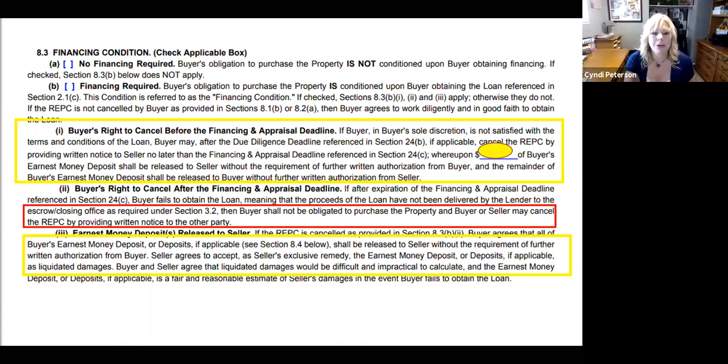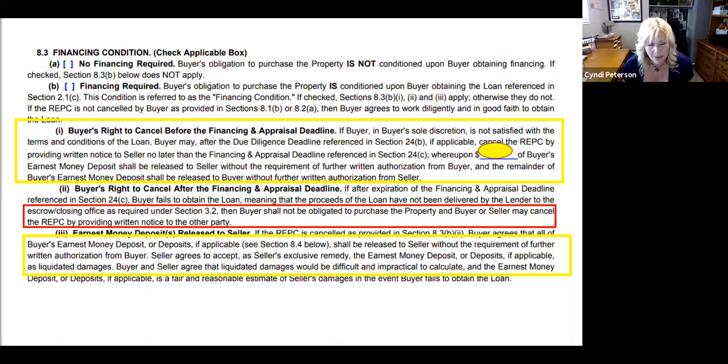That's where you would put that. Out of the $5,000 earnest money, you could put 2,000 of it would be released to the seller, or whatever it happens to be. Just make sure you're not putting the number there unless it's something that your buyer's agreed to losing, because that's what that is. So the buyer's right to cancel after the financing and appraisal deadline.